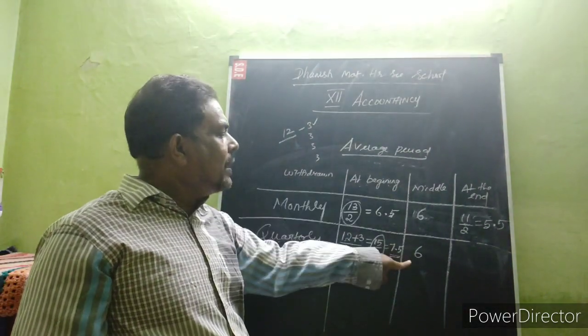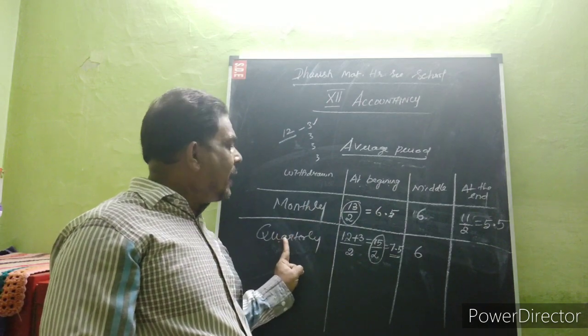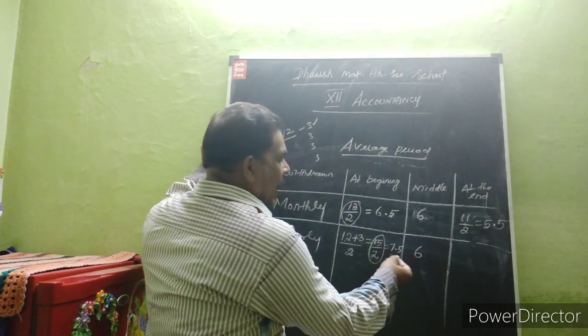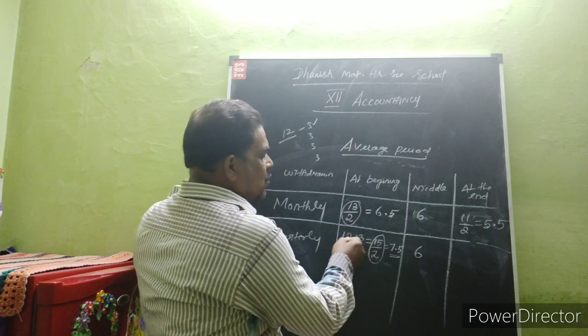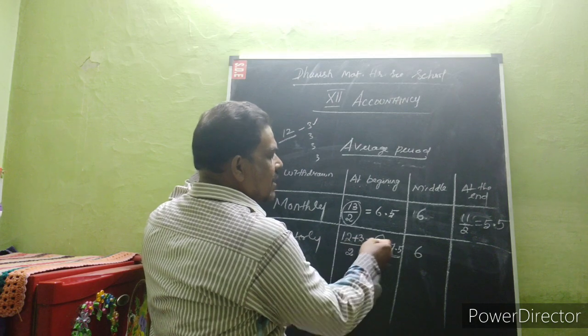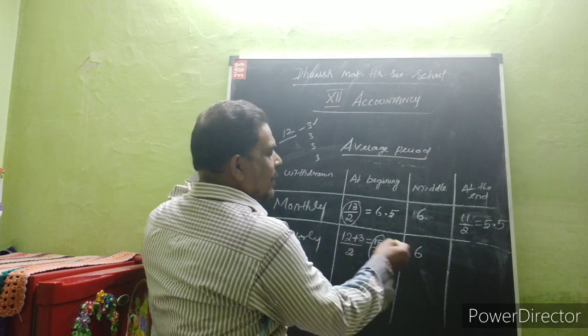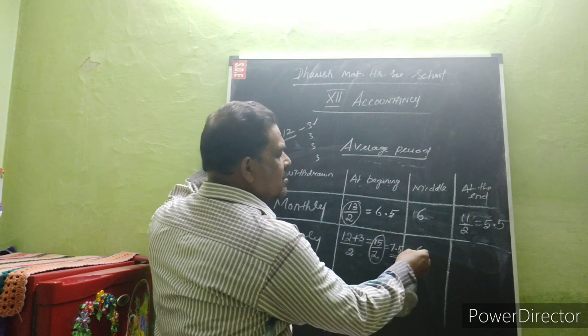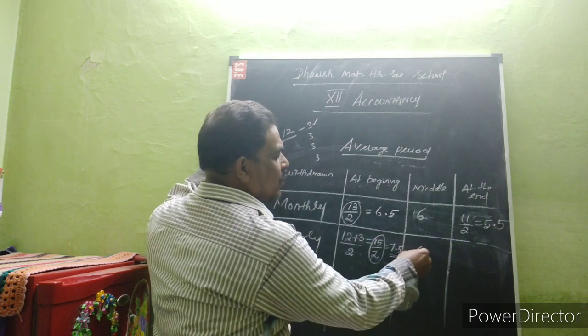Listen. So middle is 6 months. Here at the end of every quarter, again 3 months will be reduced. 12 plus 3, 15 by 2. 15 minus 3 is 12 by 2, 6.